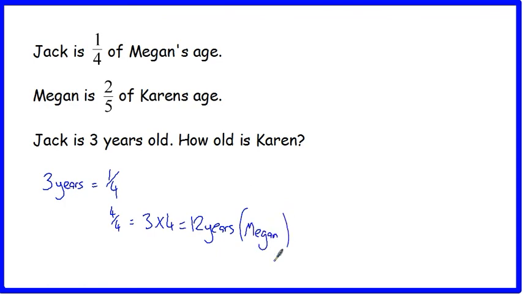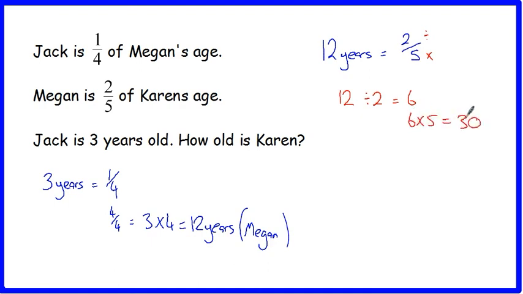Megan is 2/5 of Callum's age. So 12 years is equal to 2/5. So Callum must be 30.